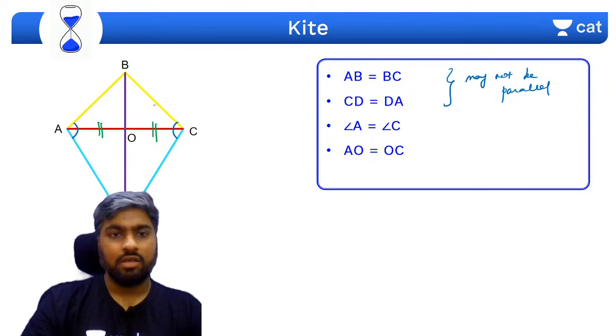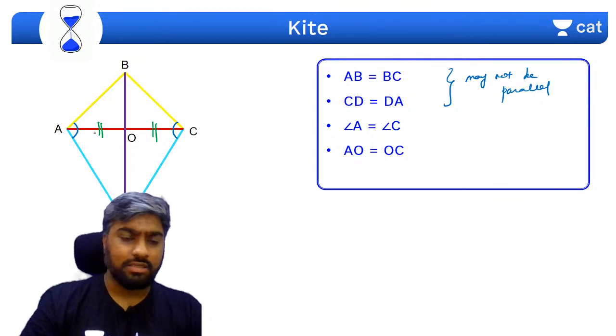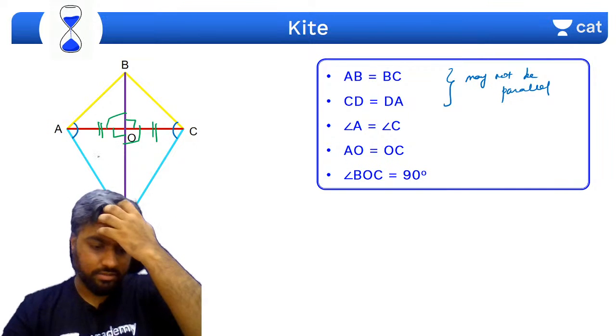That's called a kite where exactly two adjacent sides are equal. In this case exactly two, not any two. The smaller diagonal will be bisected. Also, what do we know? The diagonals intersect at 90 degrees.